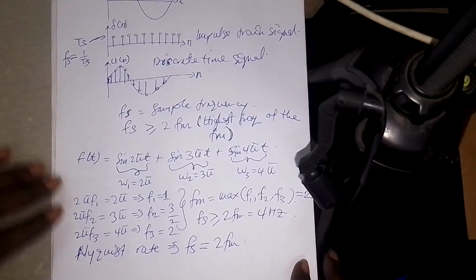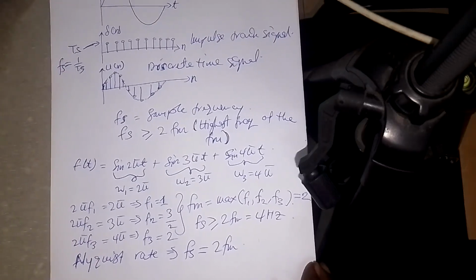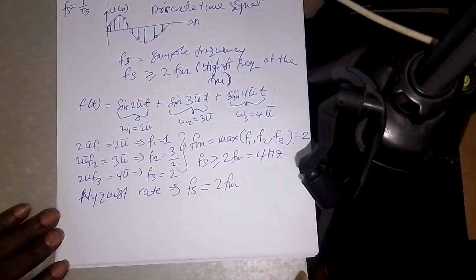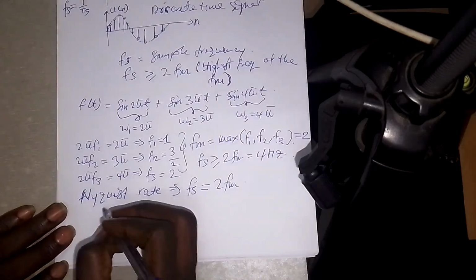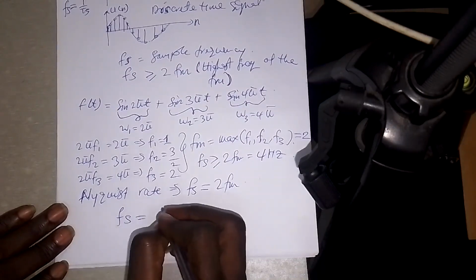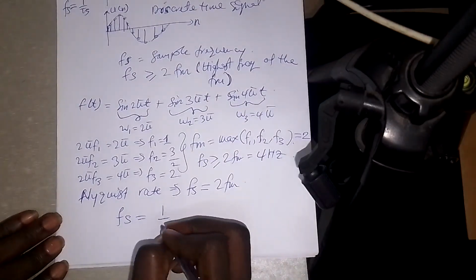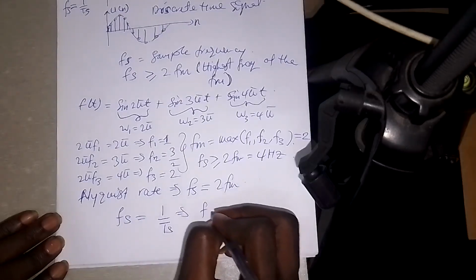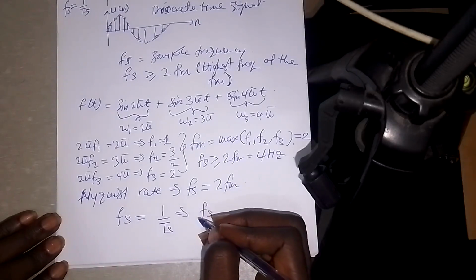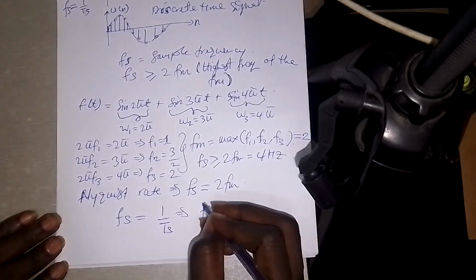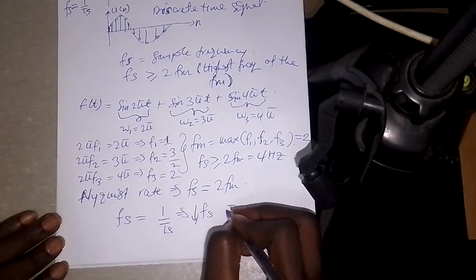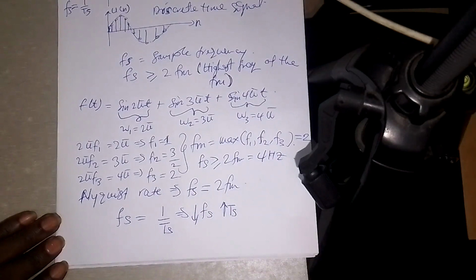To be able to reconstruct your signal depends on your sampling frequency. You see that Fs is equal to 1 over Ts. So if Fs is decreasing, then your Ts is increasing.